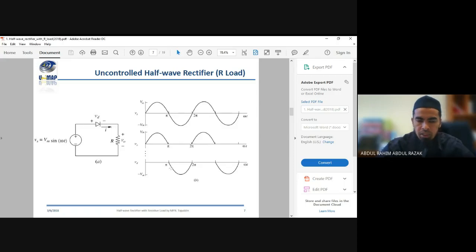So you will see the voltage appear across the diode itself, ramping up on the negative cycle up to the negative V peak and going down to 0. This happens continuously for this uncontrolled half-wave rectifier. So this is the R load. If this is the plot for voltage, what about the plot of current? How does the current actually look?